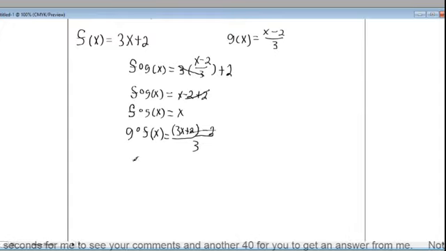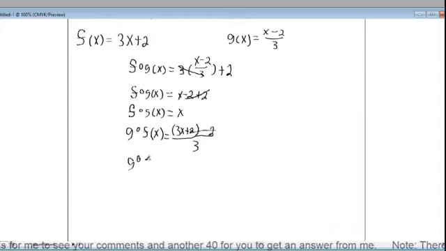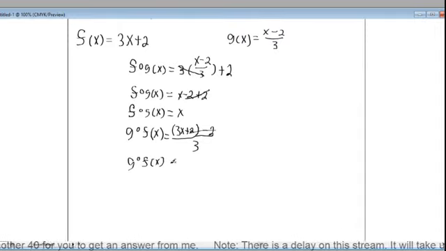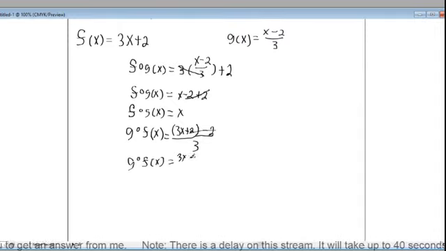So now we just have g composed of f of x equals 3x over 3.